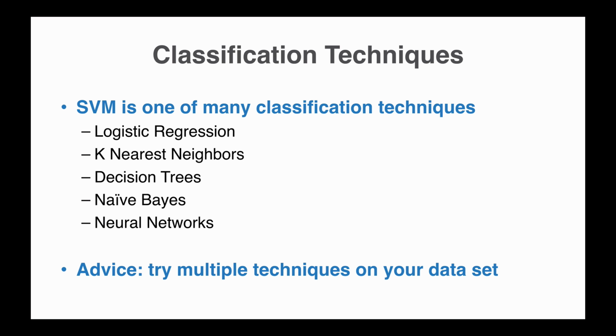In that case, there are some other classification techniques you can use that I've listed here, and there's no set way of figuring out which one is best. My advice to you would be just to try multiple techniques on your data set and see which one works the best on your data.